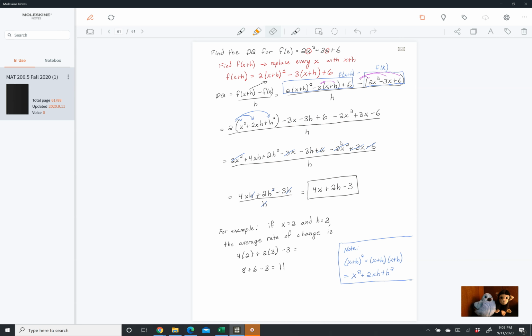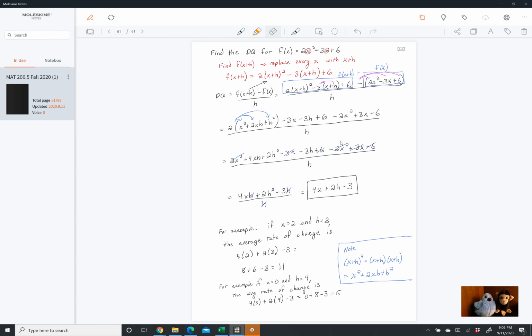Let's just do one more thing here. Let's say, for example, if x equals 0 and h equals 4, the average rate of change is 4 times 0 plus 2 times 4 minus 3, which is 0 plus 8 minus 3.